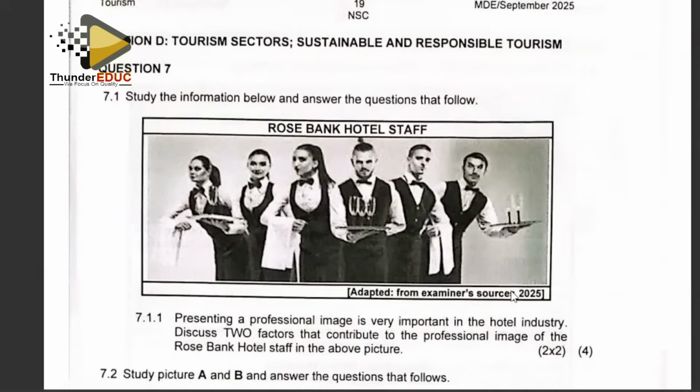So the first thing we have, you can see that they are neatly dressed. So there is personal hygiene and grooming. You can see that these people are looking very smart. Well dressed, no facial hair, nicely presentable hairstyles.